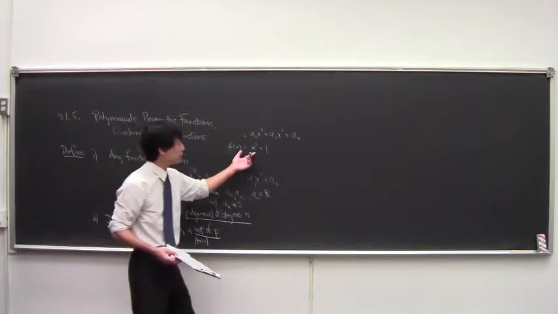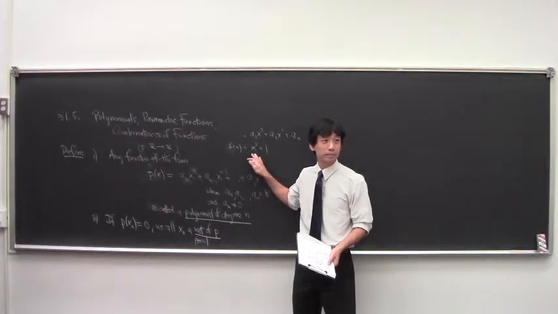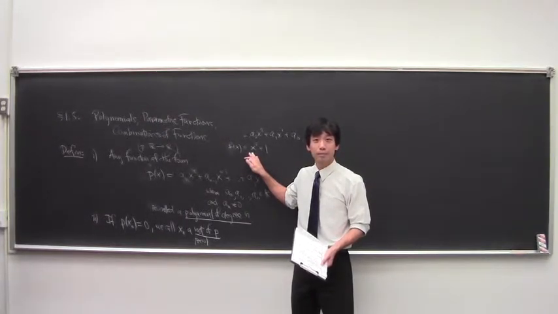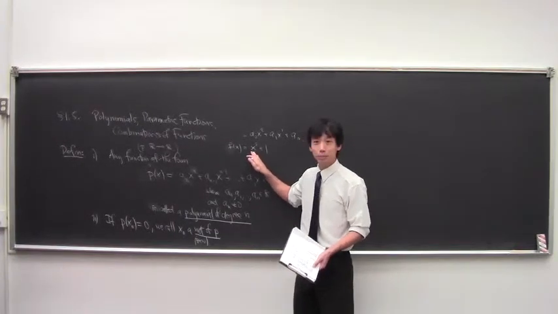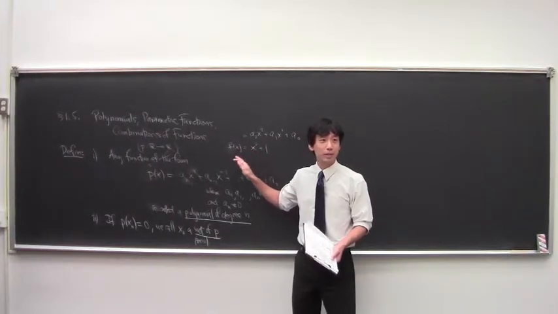For example, this polynomial that we wrote up here, does it have any zeros? Is there any place where this polynomial is 0? At x equals 1? When you put in a 1, you get 2. Any place where this polynomial is 0? This polynomial doesn't have any zeros.